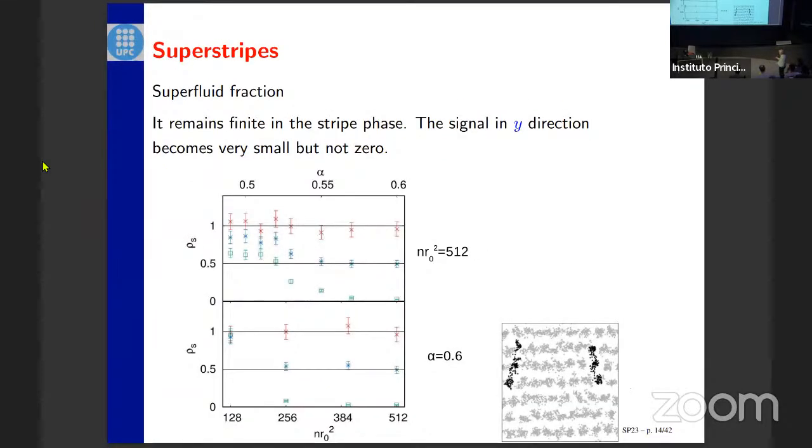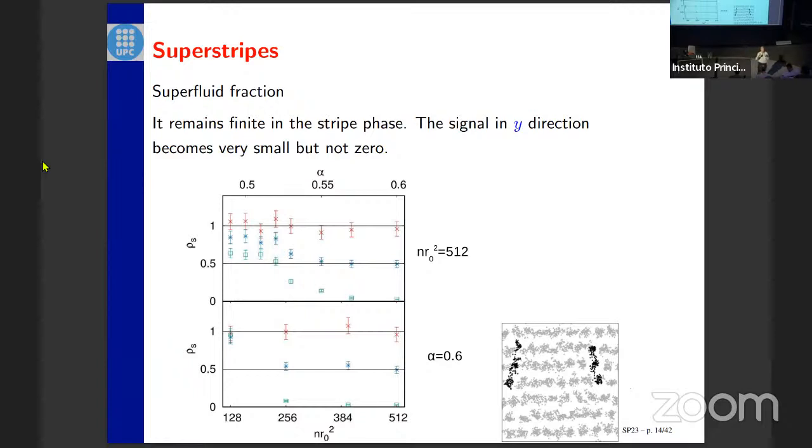Well, the other thing that we made is to calculate the superfluid fraction, trying to see if the system is really superfluid or not, or when it is superfluid or not. Here is a plot. It's a bit difficult to see, but here is the total superfluidity of the system. Here the density is high. And here I have the superfluidity across the stripes, which is the interesting one, because along the stripe it is always superfluid.